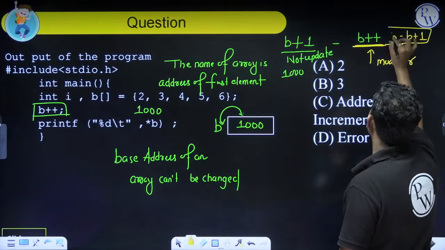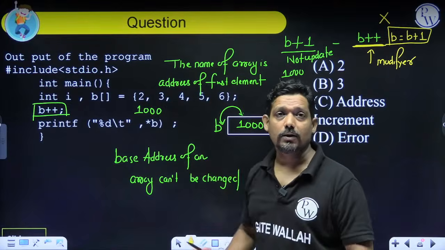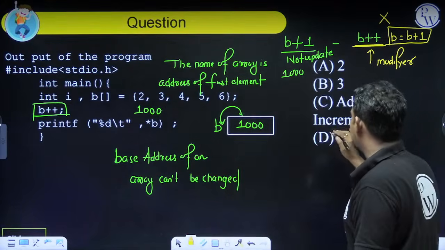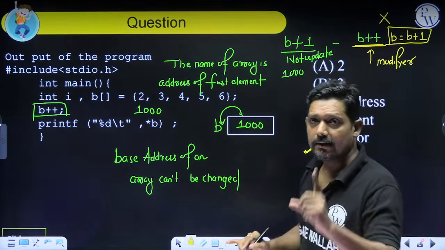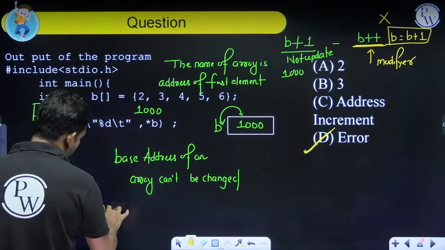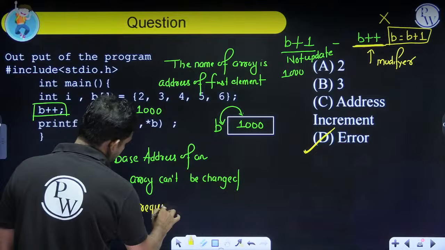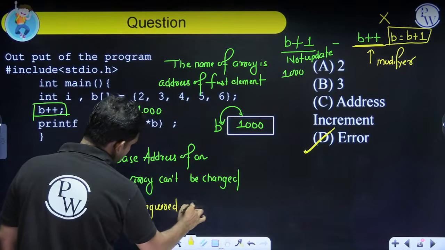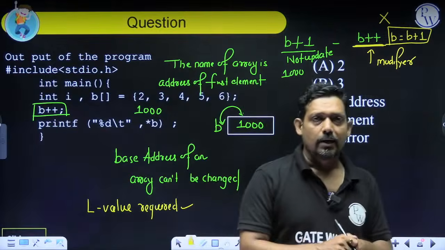This is not allowed with an array address. So this is an error, address increment is an error, and the name of the error is L value required. When you run this program, you will find this error, L value required.